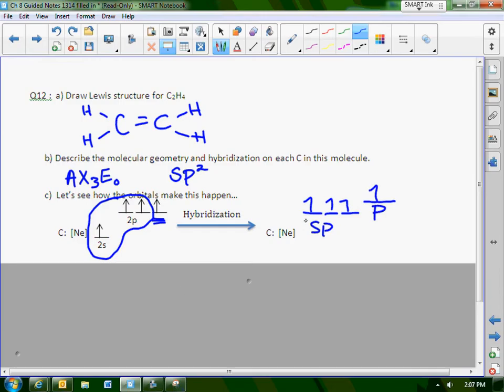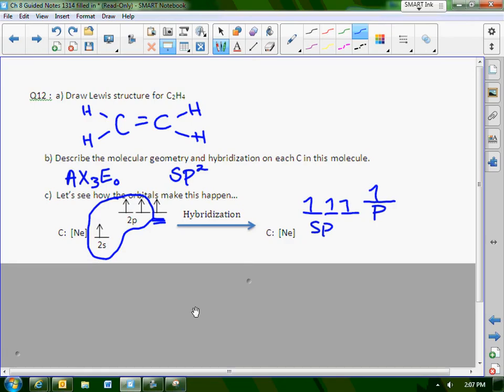So the sp2 kind of meets somewhere in the middle between the s and the p, and then the p is again just like it normally is. So there you've got your s and p, sp2, your 3 electrons, 1, 2, 3 here, that bond equally, and then the pi bond is a little bit higher energy.